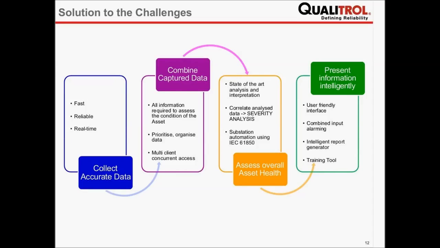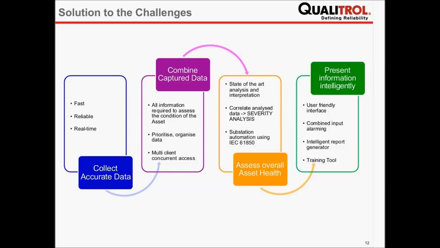So what could be the solution? The solution should be an integrated system which will have fast, reliable, real-time sensors, a monitor to capture the data received from the sensors, and a central database which will prioritize and organize the data.